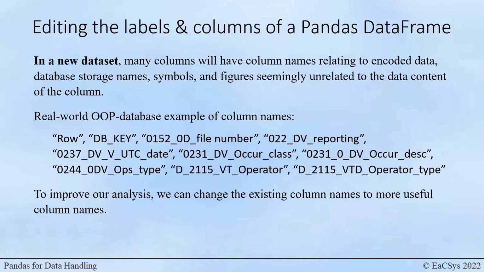In order to improve the output of our analysis and to use the data for human purposes, we must be able to change the existing column names or row index labels to more useful names which we can understand and show in tables or graphs to audiences of people who will have some benefit from the analysis.